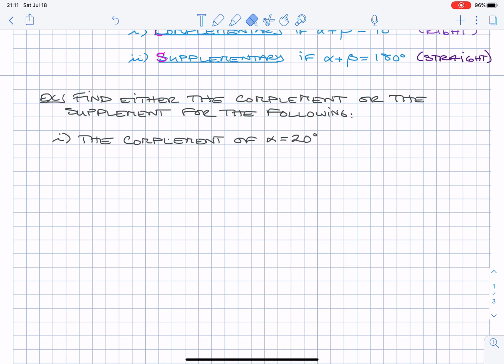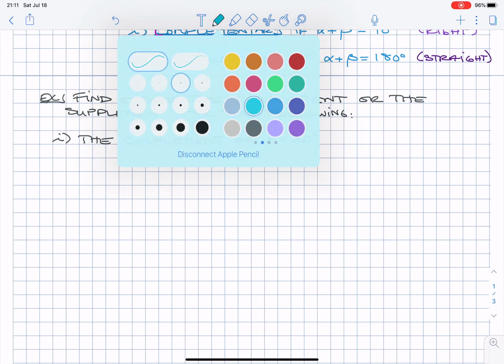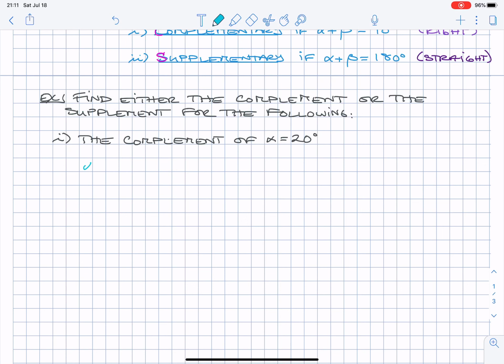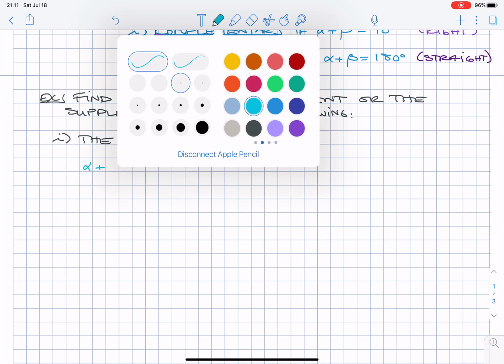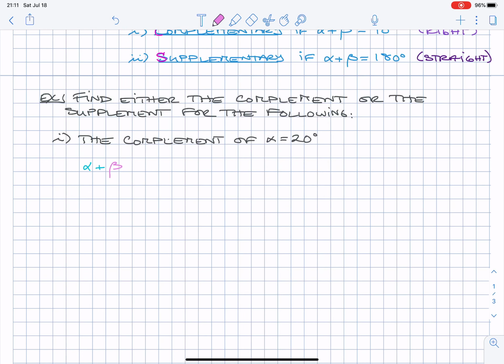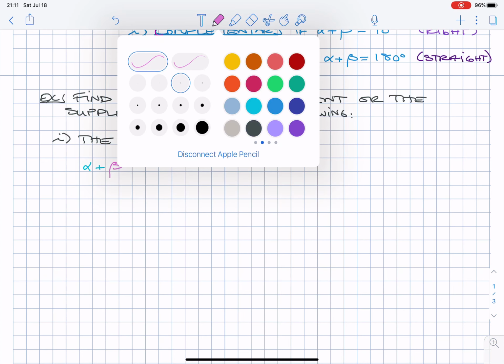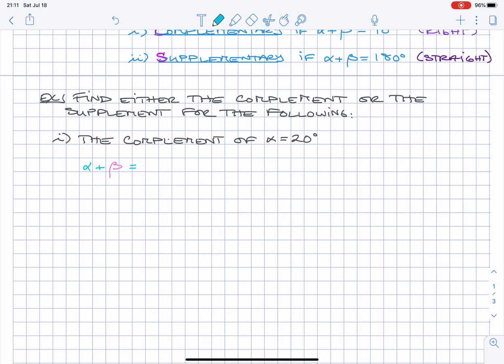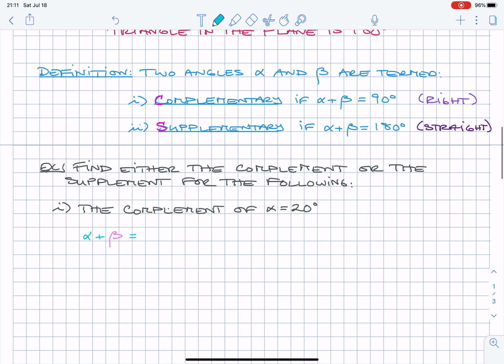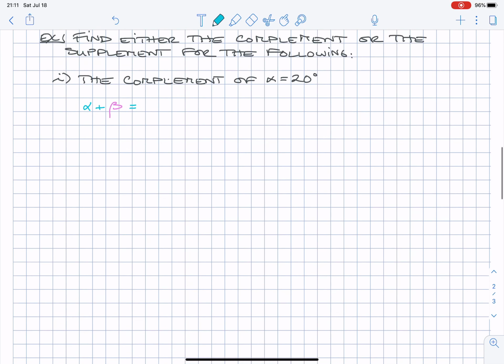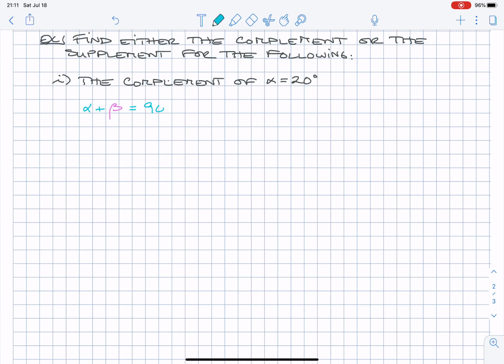So what is the complement to that? Well, I know that alpha plus beta, let's have beta be pink, shall we, must be equal to, well, since it's complement, starts with a C, so that's before S, so their sum must be 90 because it's smaller. So what was the given angle for alpha?